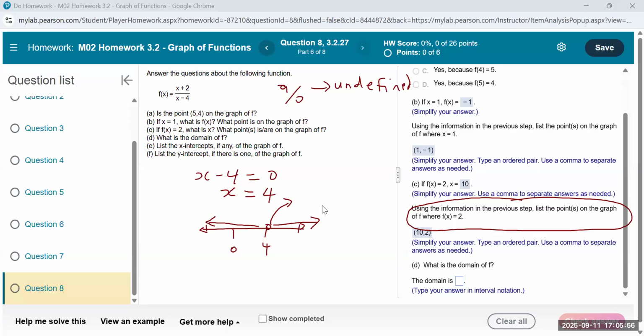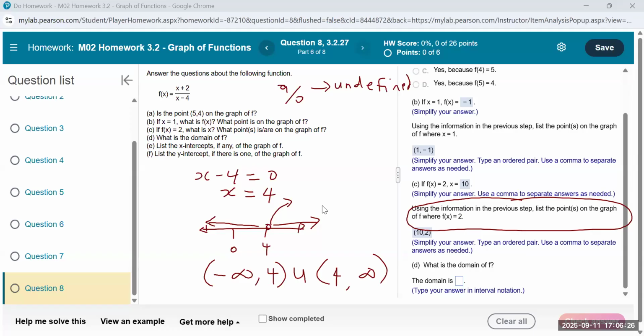Using a union is going to exclude 4. So with your interval notation, we are looking at negative infinity to 4, and using a union, you're going to exclude the 4. Then you are looking from 4 to infinity.